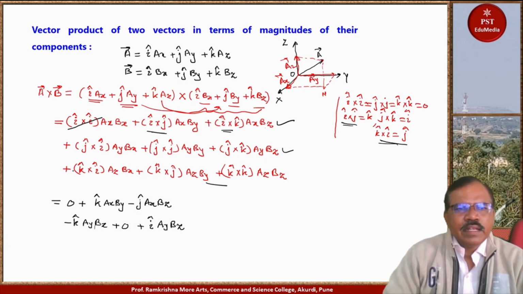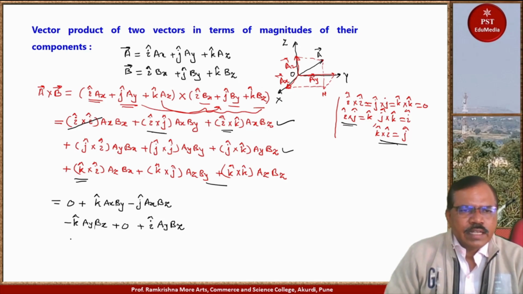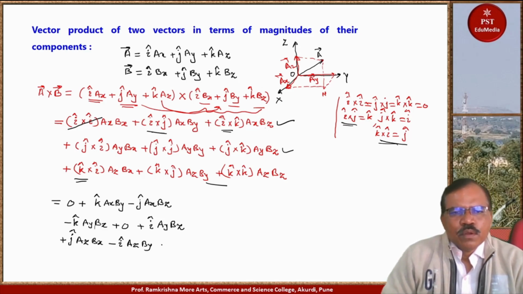Now from the third line, K cross I is J, so I will get here J AZ BX. Now plus K cross J: J cross K is I, so K cross J is minus I, minus I AZ BY. Plus K cross K is 0.